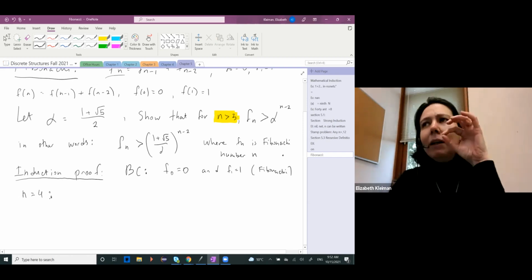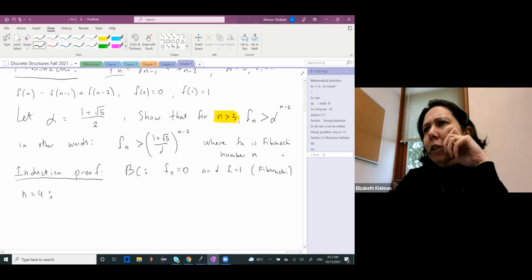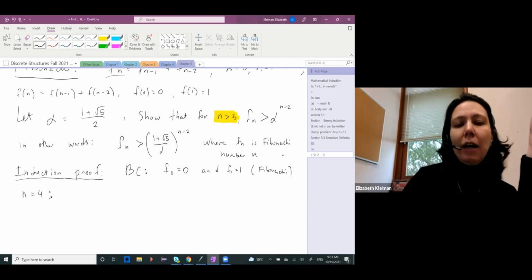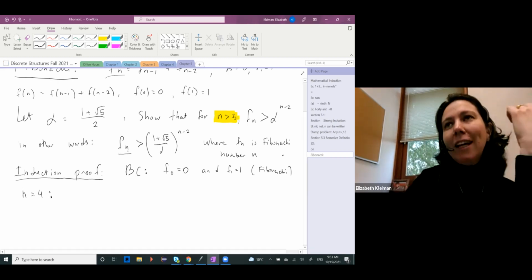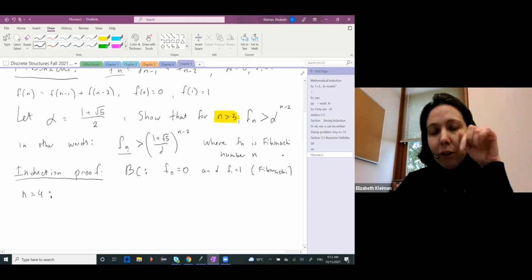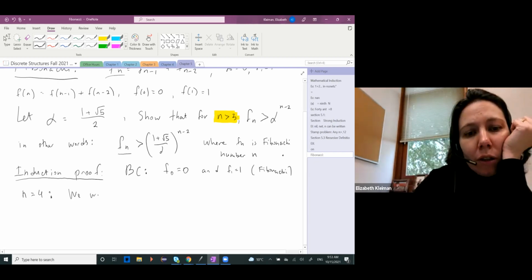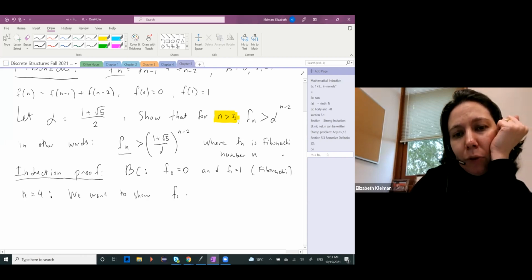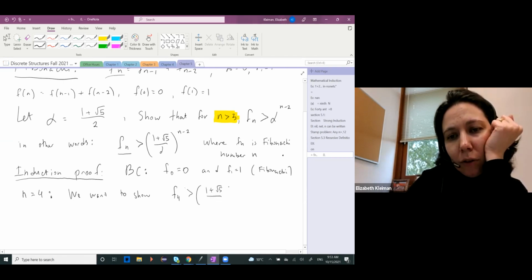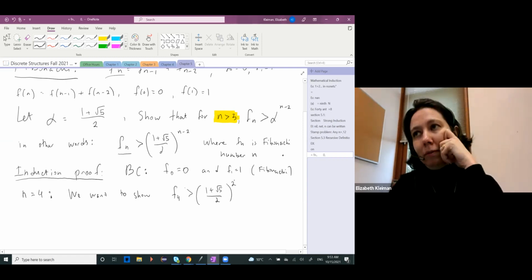Okay, lovely. But in order to do n equal to 4, what do I need to know? What am I comparing? I'm saying Fibonacci number 4 should be bigger. So we want to show Fibonacci at place 4 is bigger than 1 plus square root of 5 over 2 to the power 2.